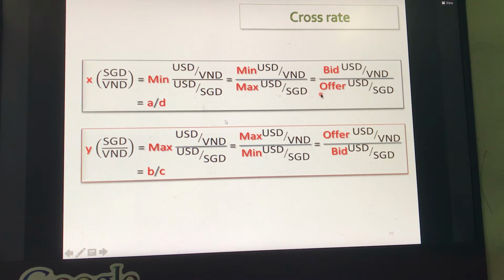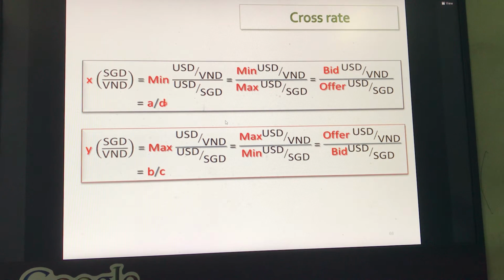When we link to the exchange rates, in the numerator we have the bid rate of USD against VND, and in the denominator we have the offer rate of USD against Singapore dollar. Finally, X is equal to A divided by D. That's the way we obtain X, the bid rate of the Singapore dollar against VND.